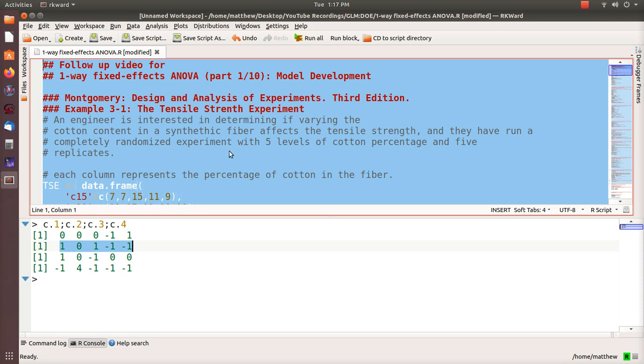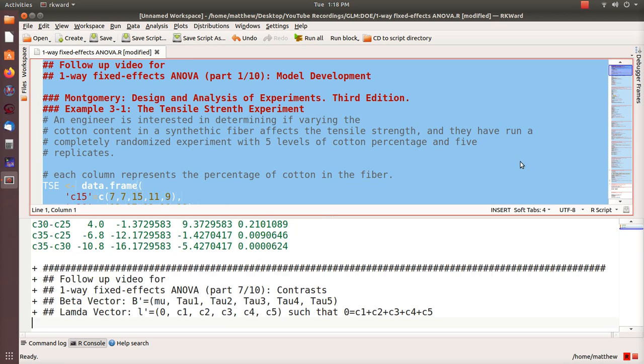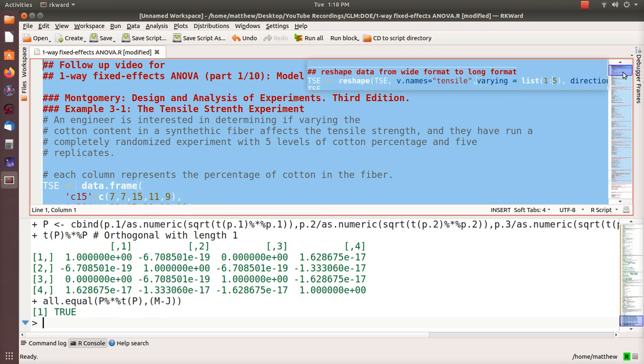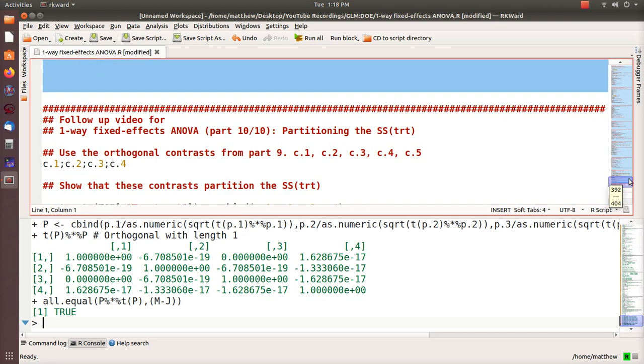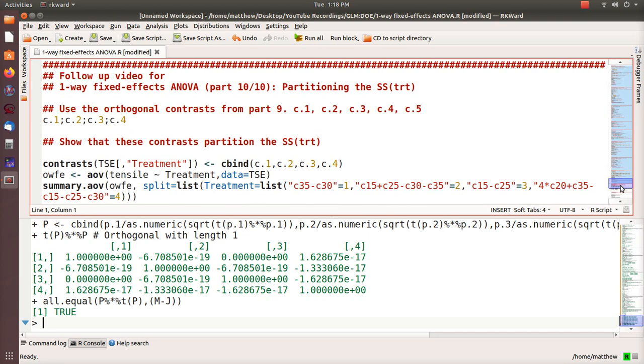So there's a fabric with 15% cotton blend, 20, 25, 30, and 35% cotton blend. And we're analyzing that. We've gone through these. So now we're on part 10, and I'm running the first 9 parts, or technically it's 8 because we skipped one part.